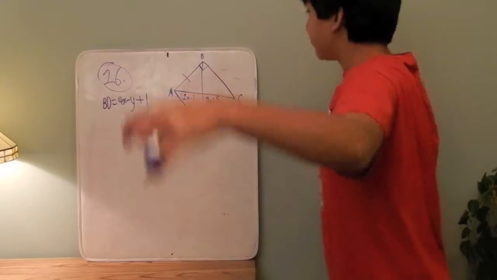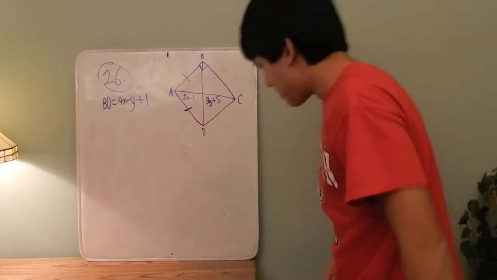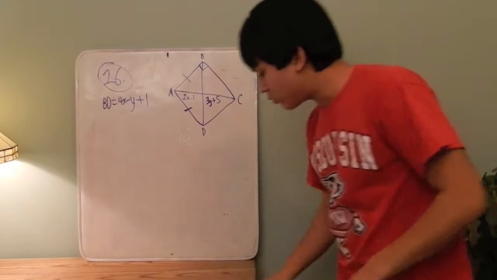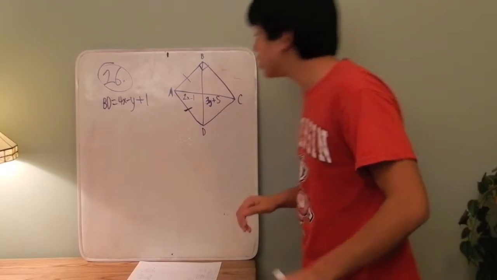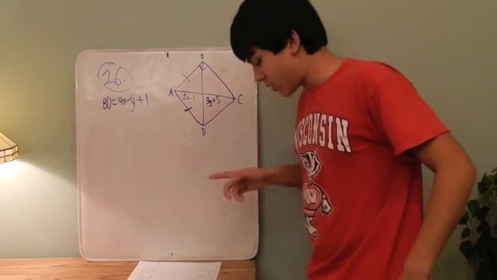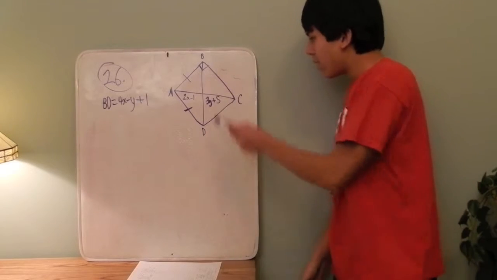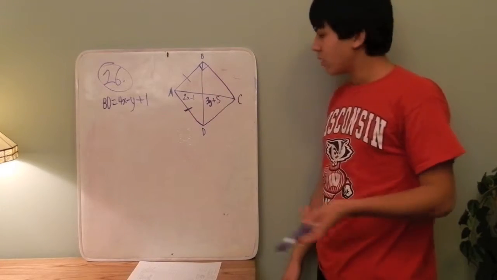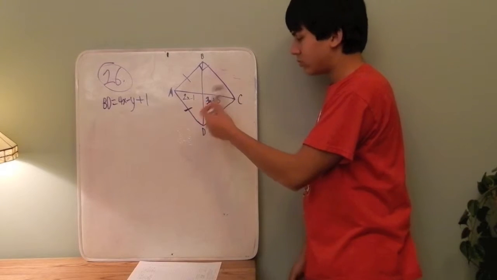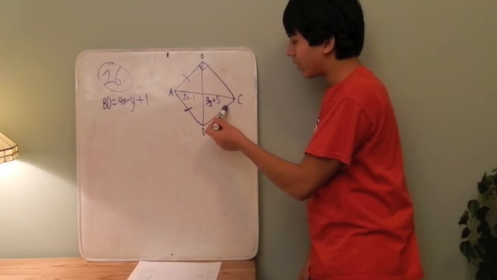Hello again. I missed number 26. Alright? And 26. Find the value of the variables and show your work. So, we are given this shape right here. This diagonal is labeled 2x minus 1 and 3y plus 5.